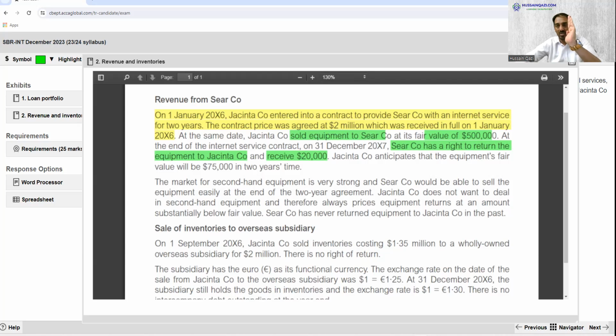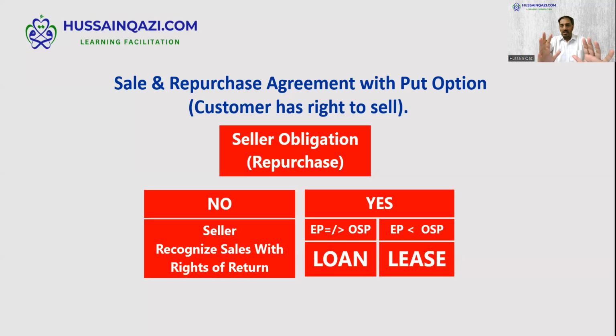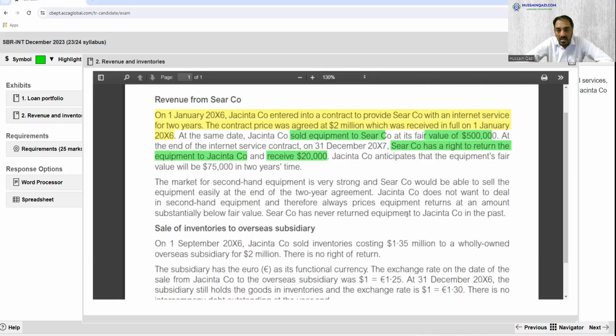The exercise price is 20,000. Now here we need to consider, at the time of transaction, Jacinta must assess whether the put option will materialize or not, whether the obligation exists or not. If no, that means we have to recognize sales. If yes, then we will cover the point accordingly.